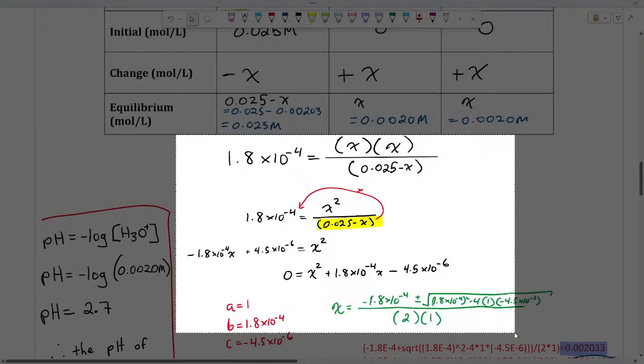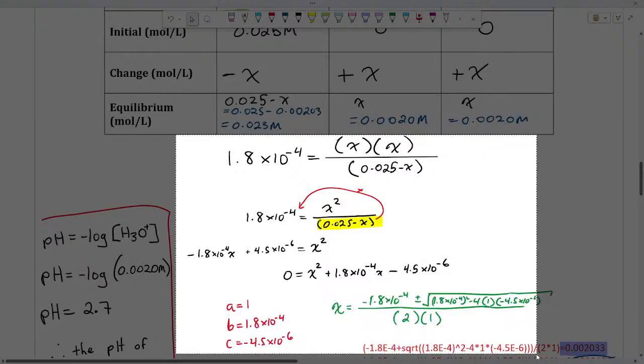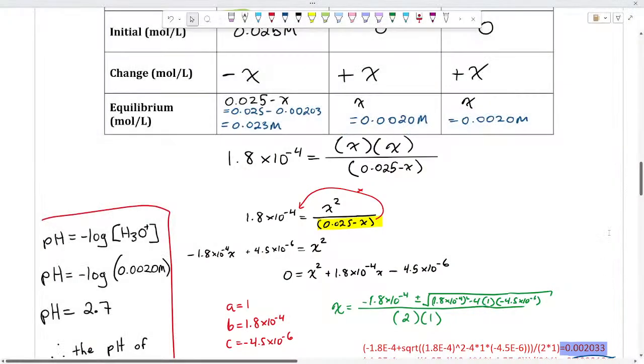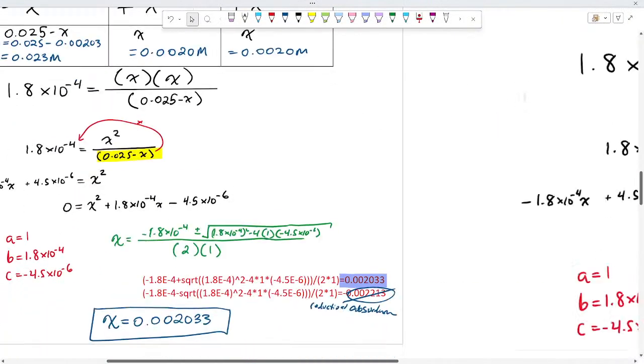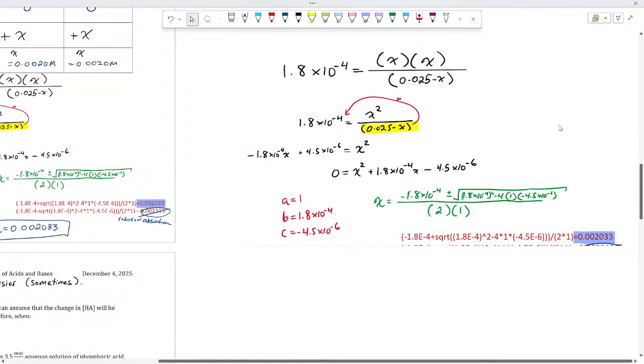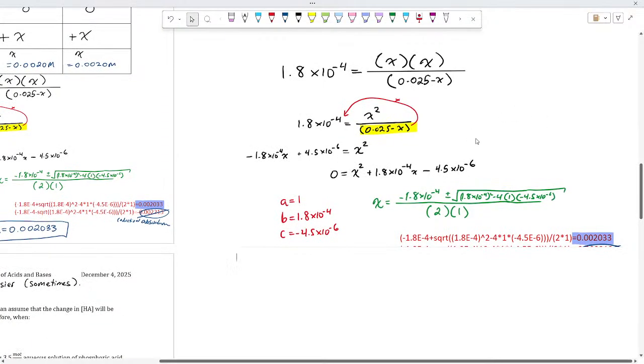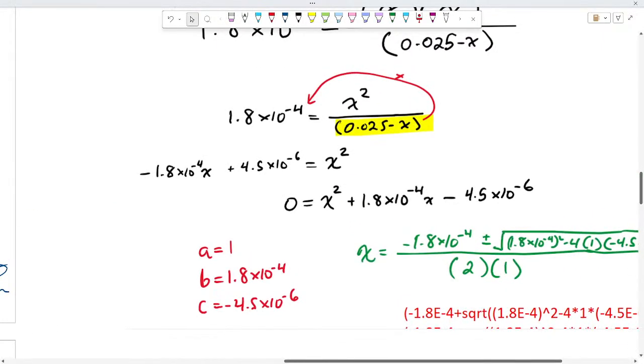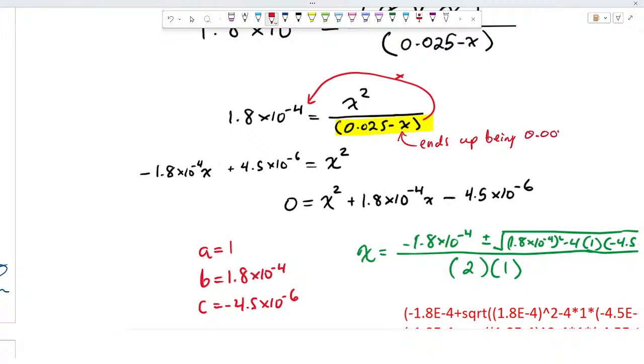We did all this jazz, and we ended up with x being equal to 0.023. Okay, let's take a look. But I want to make a note here. The fact that x ended up equaling 0.023 means that this number here ends up being 0.025 minus 0.0023, and it ends up basically being 0.023.